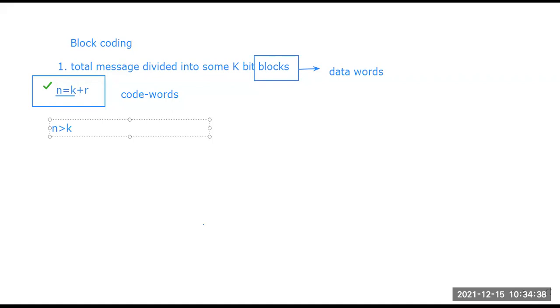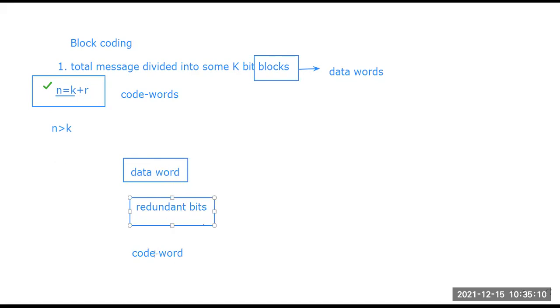So what happens if we start at the sender side? First, we have a data word. After that, we add some redundant bits, making it into a code word. So data word, redundancy bits, making it into a code word.